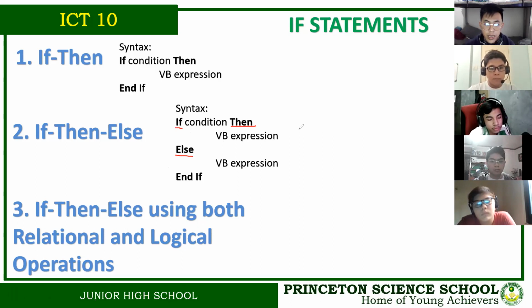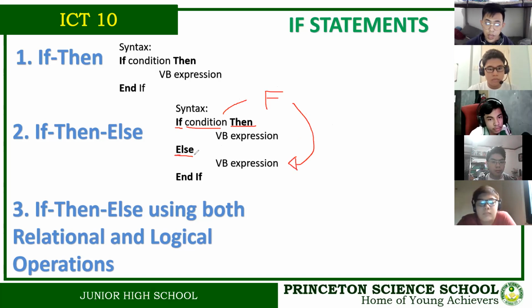Okay, so meaning in the condition, there is going to be an output either if it is true or false. So if the condition here is true, it will go to the first option, or the first VB expression. But if the answer here is false, the expression that it will display is the second one.